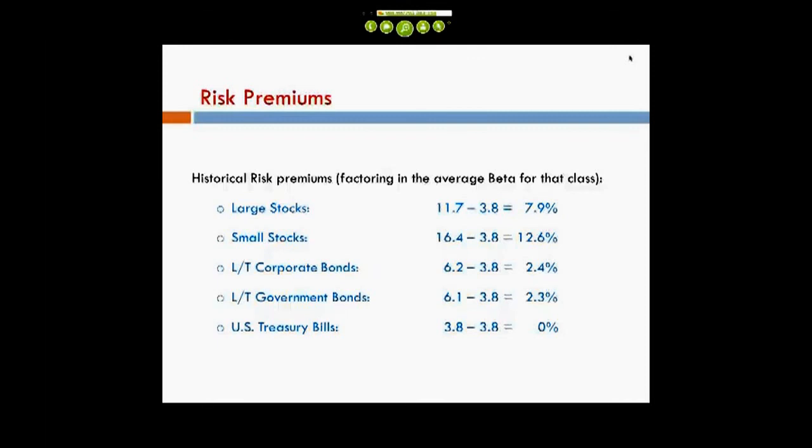Large stocks tend to be less risky than smaller stocks, so their risk premium tends to be smaller. As you'd expect, bonds tend to be less risky, but positive. They tend to be positive, and the average risk premium is smaller. And a T-bill would have a risk premium of 0 because that's what you're using as your risk-free rate.